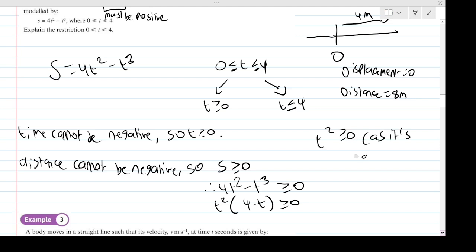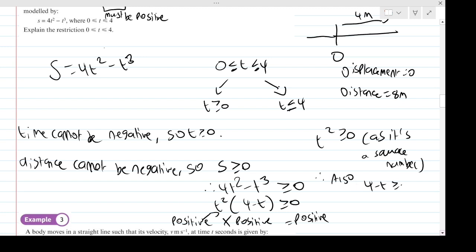So I've got a positive, multiplied by this other factor, and it has to get me a positive as well. A positive times what gets me a positive? Another positive. It cannot be a negative, because a positive times a negative gets me a negative. So the other factor 4 − t has to be greater than or equal to 0.